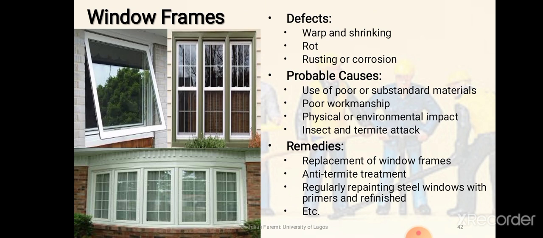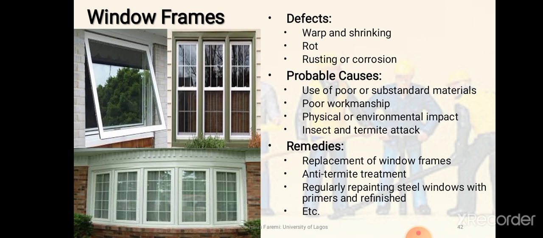In steel window frames, there could be corrosion or rust, and these defects are often caused by the use of substandard materials, ingress of water into the window area, physical or environmental impacts on the window frames, and in the case of rot, it could be as a result of insects and termite attack.